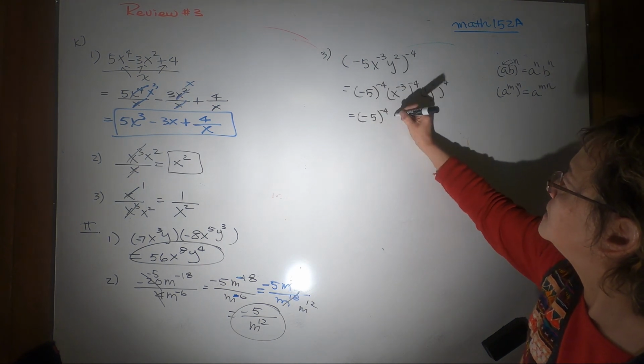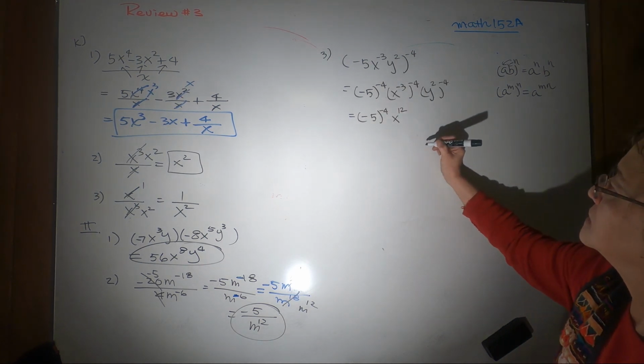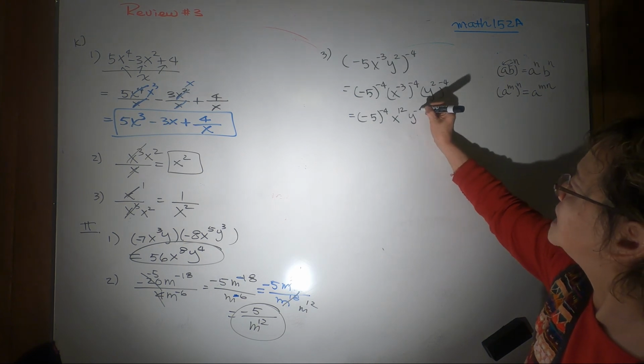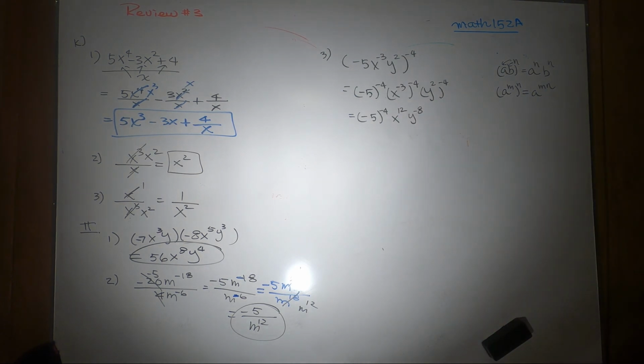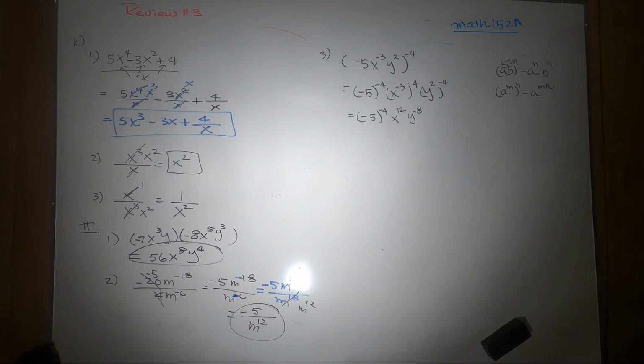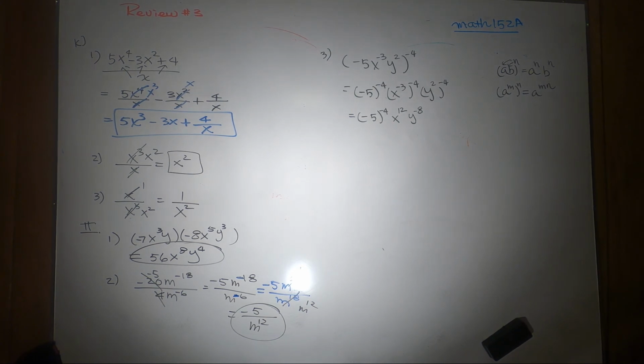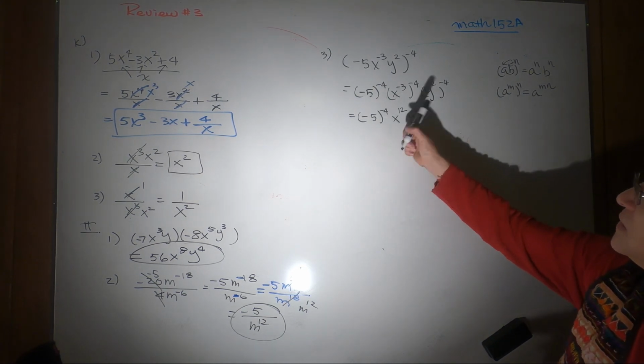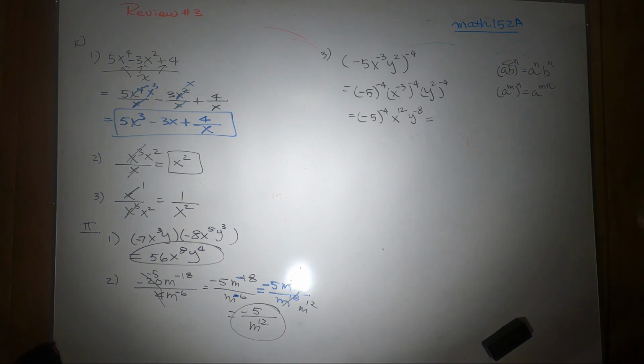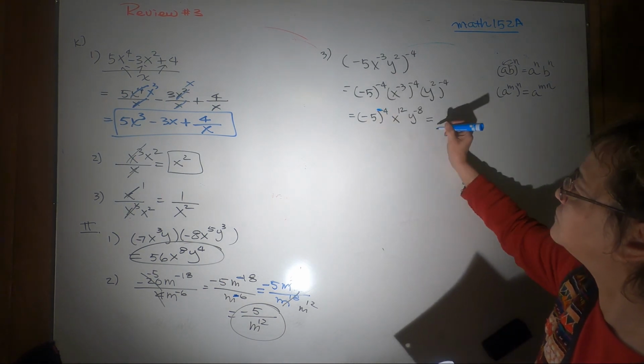So what do we have? x to the 12, right? y to the negative 12. Is that right? Then we say we want to write the answers with all positive exponents. So, do we flip this? Right? This one has a negative power, you have to flip.